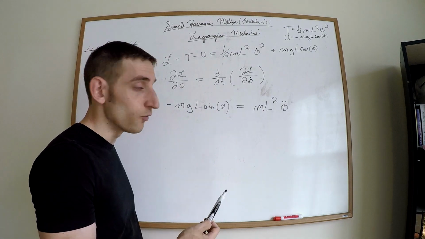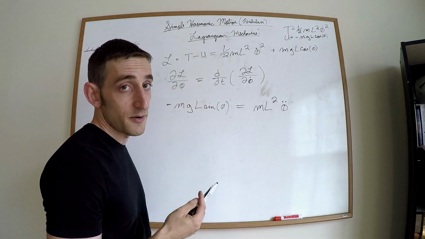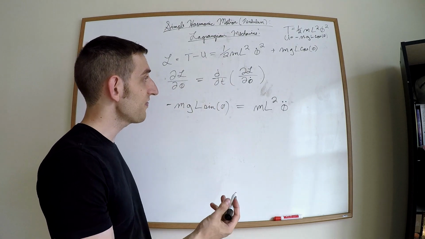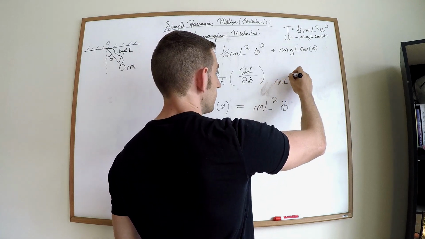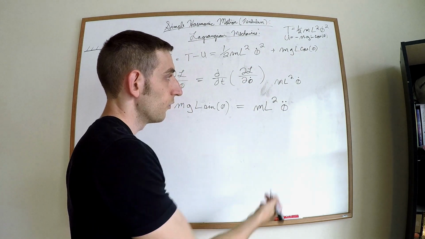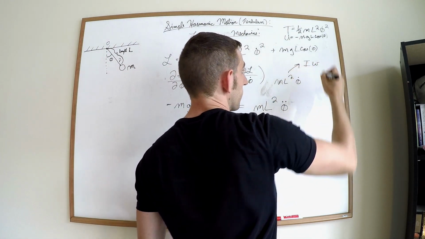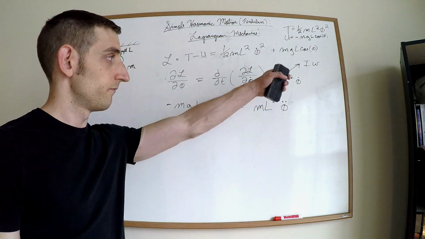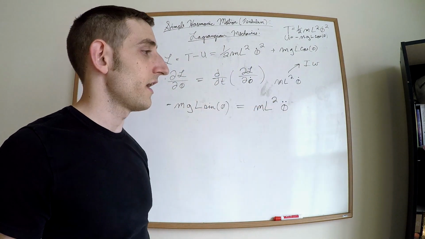So it's a generalized force. That is always equal to the derivative of the generalized momentum. Right? And we got that because we ended up with ml squared theta dot. Well, what is this? This is just I omega, right? That's a momentum. And we always take the derivative of that.